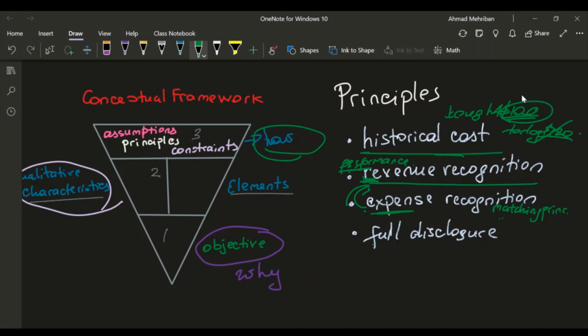And finally, we have the full disclosure principle, which implies that we as accountants have to make certain trade-offs to provide the most important information, because we cannot really disclose everything.